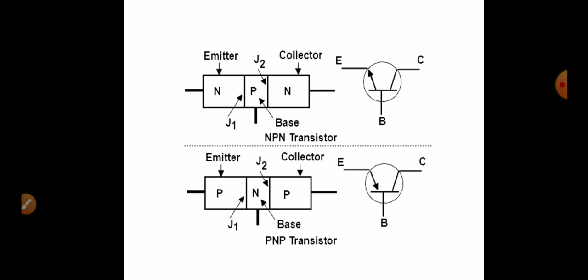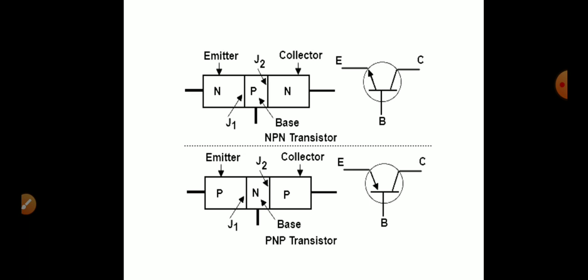Here the emitter, base and collector are denoted. For an NPN transistor, the leftmost side is the emitter, the middle portion is the base, and the rightmost part is the collector. These three portions are given three terminals.